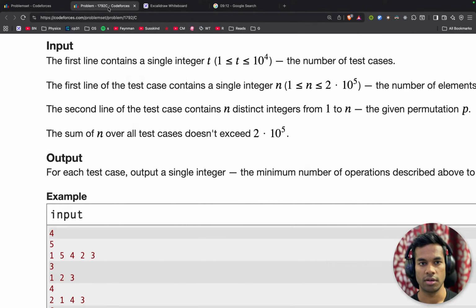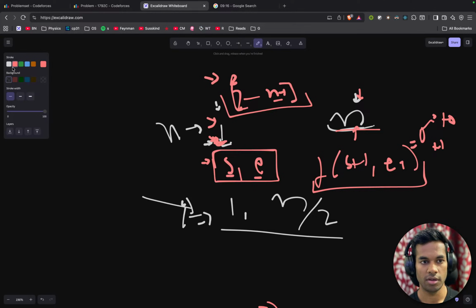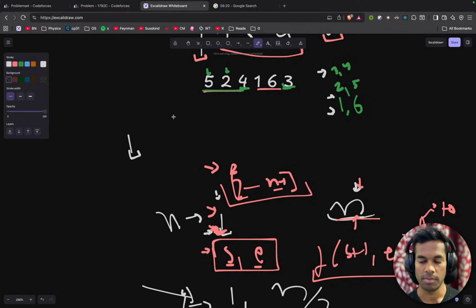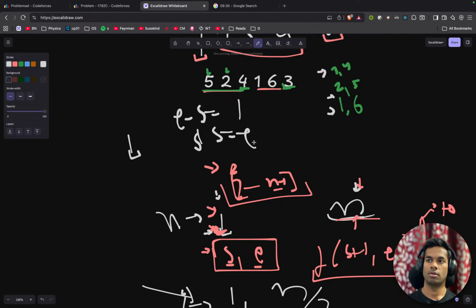Okay, that seems like good enough. And our base case would be when e minus s equals 1 or s equals e.